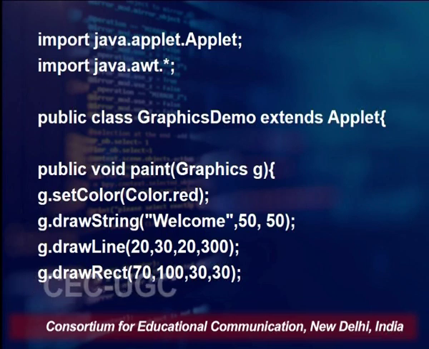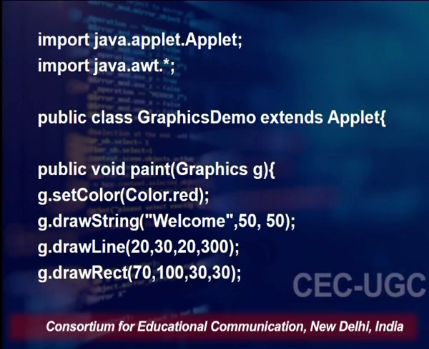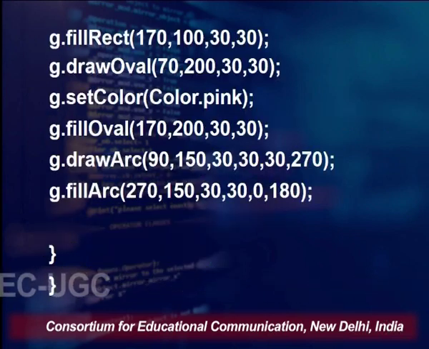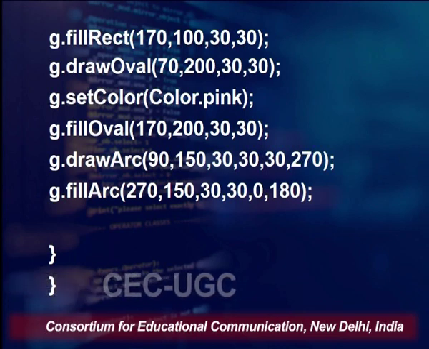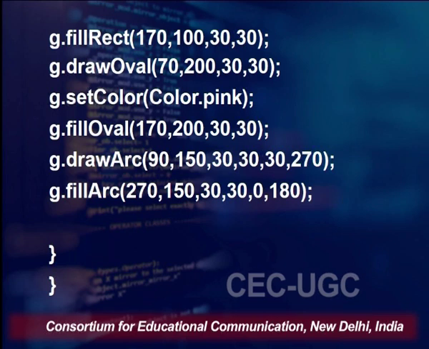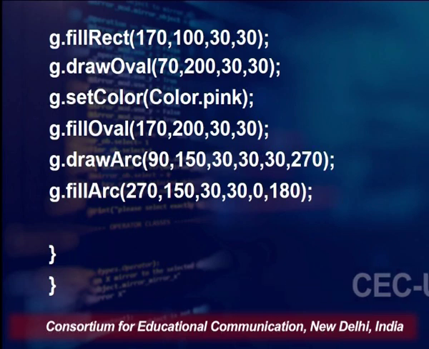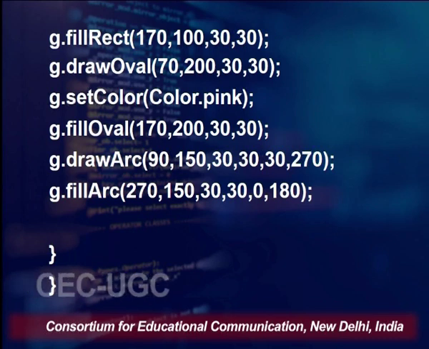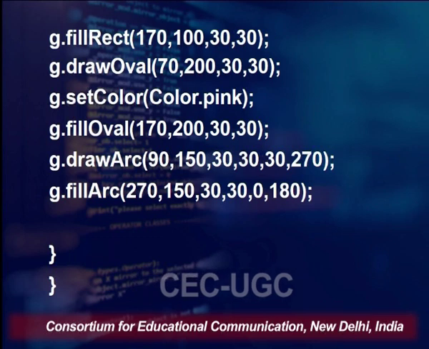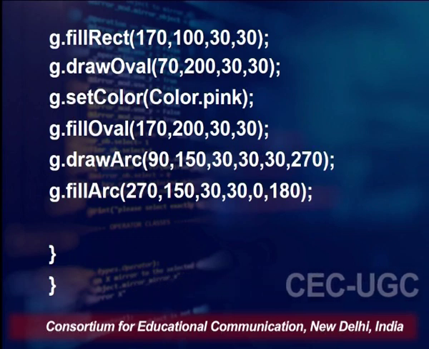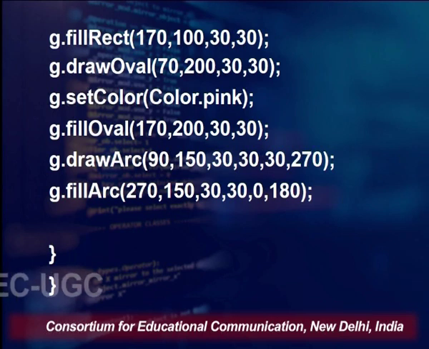Then g.drawRect starting from 70, 100, where the width and height are both equal in this rectangle, so 30, 30. Then g.fillRect, so one empty rectangle, another one a filled rectangle starting from 170, 100.